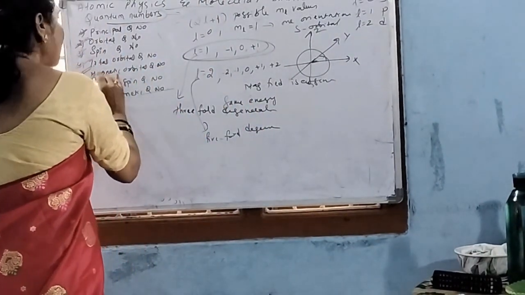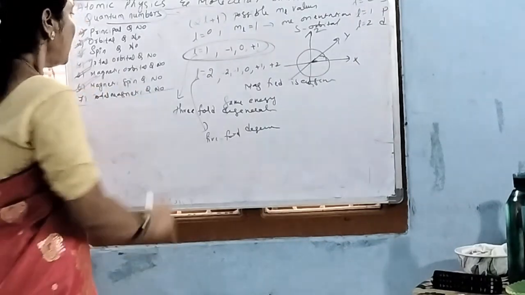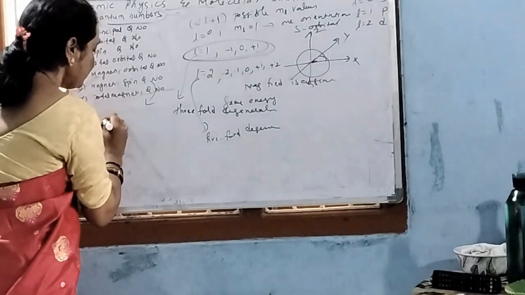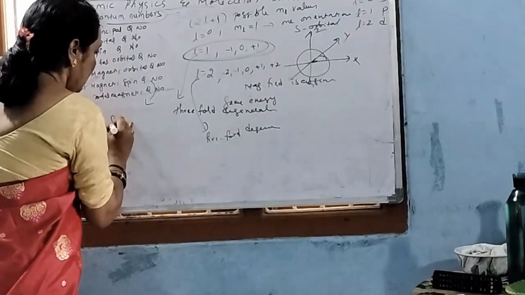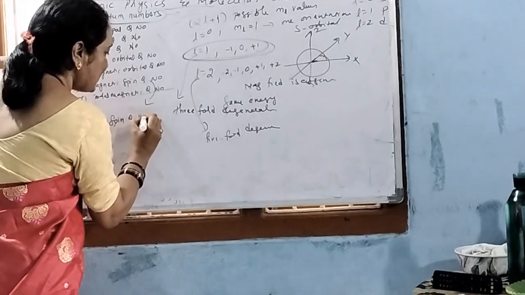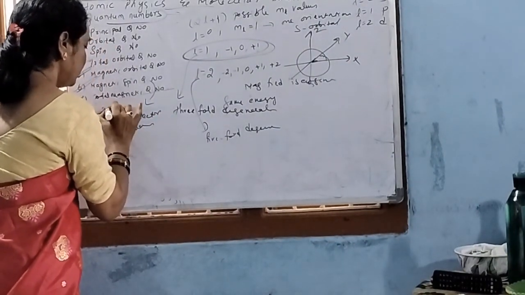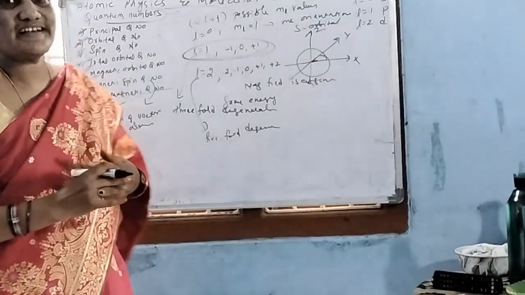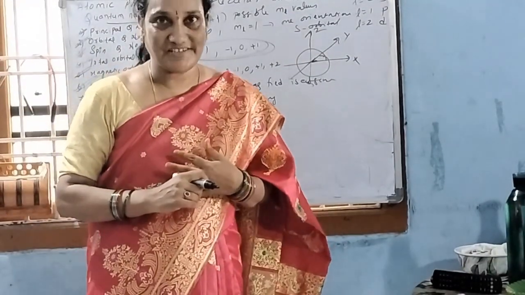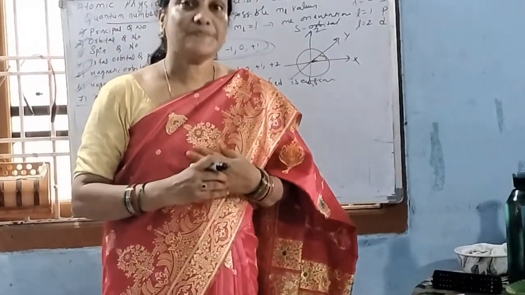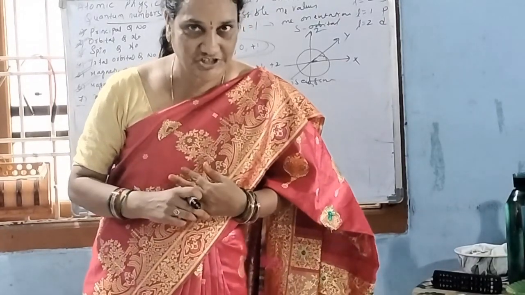Next step, the magnetic spin quantum number. This explains the projection of the spin vector along the field direction.